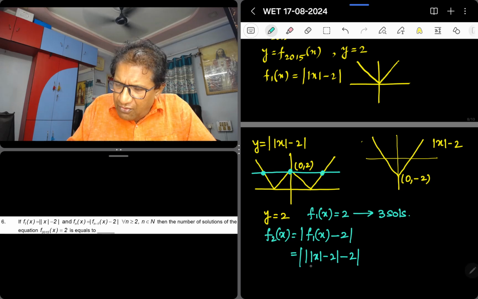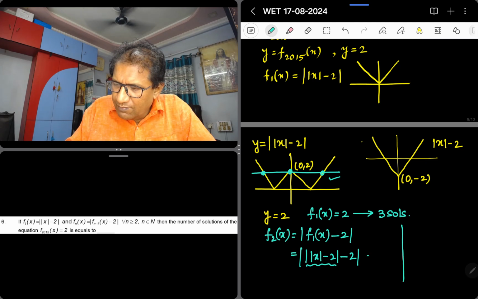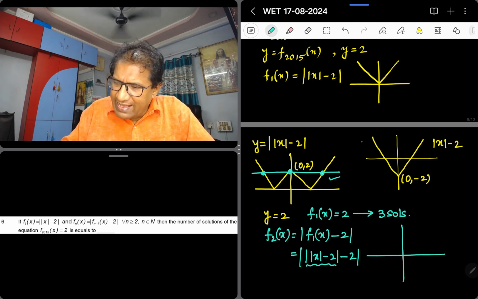Now, the graph of modulus of x minus 2, this one is this graph, right? So, minus 2, again it will come down. This whole graph will come down by 2 units along the negative direction of the y-axis. So, the graph will look something like this.